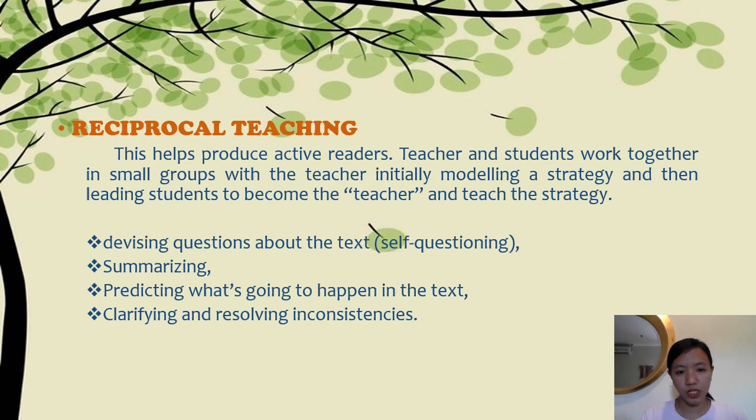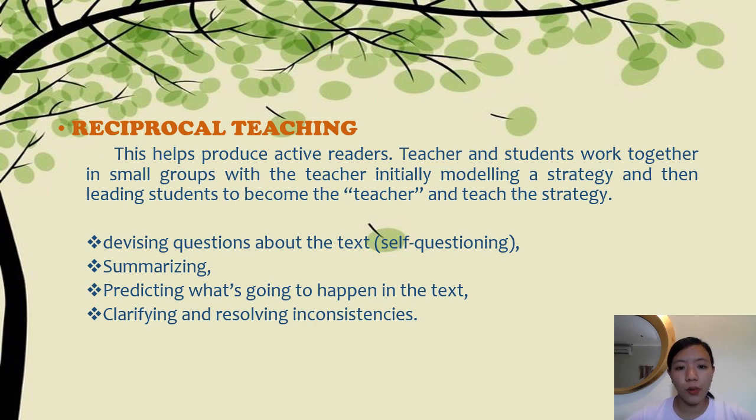Next, reciprocal teaching. This helps produce active readers. Teacher and students work together in small groups, with the teacher initially modeling a strategy and then leading students to become the teacher and teach the strategy. This kind of teaching is actually effective. Students' eagerness to learn increases as they see their classmates model or act like their teacher.